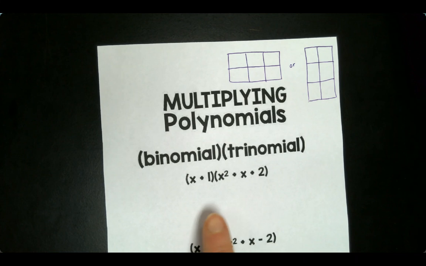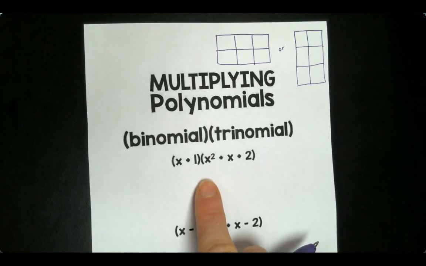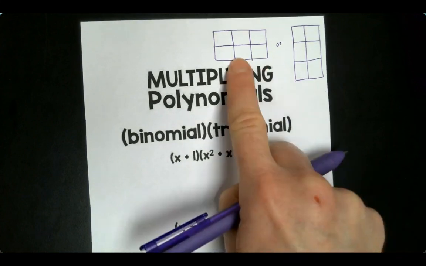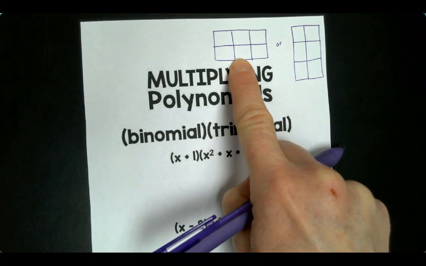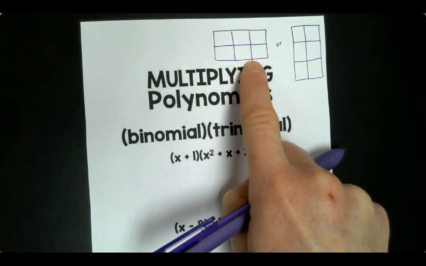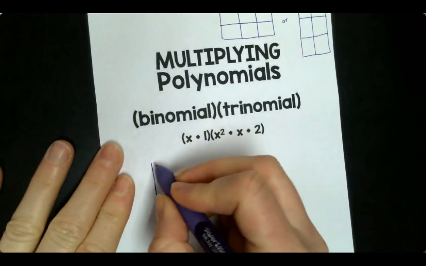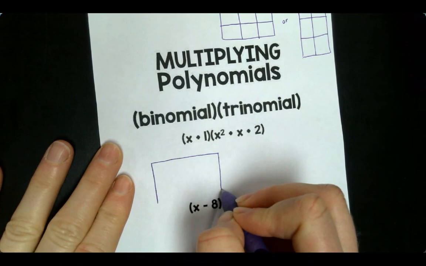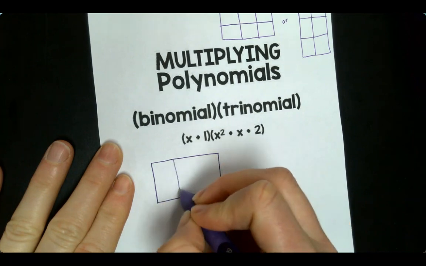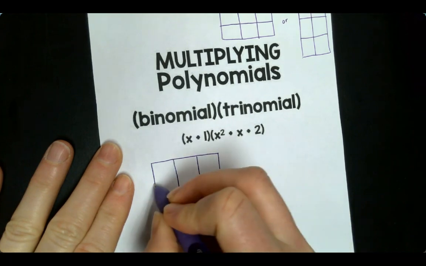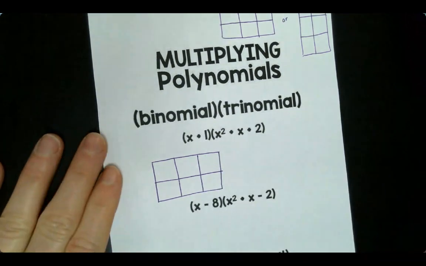For this, it looks like it might be easier to do this one because of space. So this is the one I'm going to do. So it's a 2 by 3. So let's go ahead and make our rectangle, because it's not a square anymore. Like that.